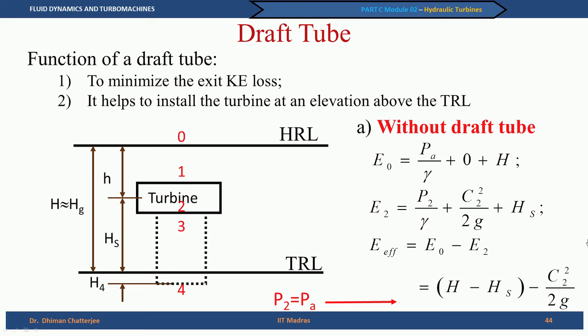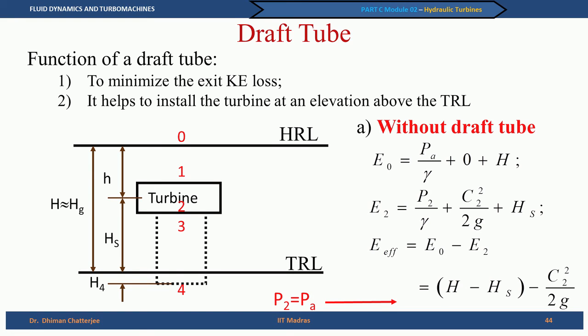What is the problem of keeping the turbine at the tail race level? That is the maintenance problem. So, we would like to keep the turbine above, and hence H minus Hs is typically going to be non-zero, and then the second term comes from the exit kinetic energy. This exit kinetic energy that is leaving with the flow is a wastage.